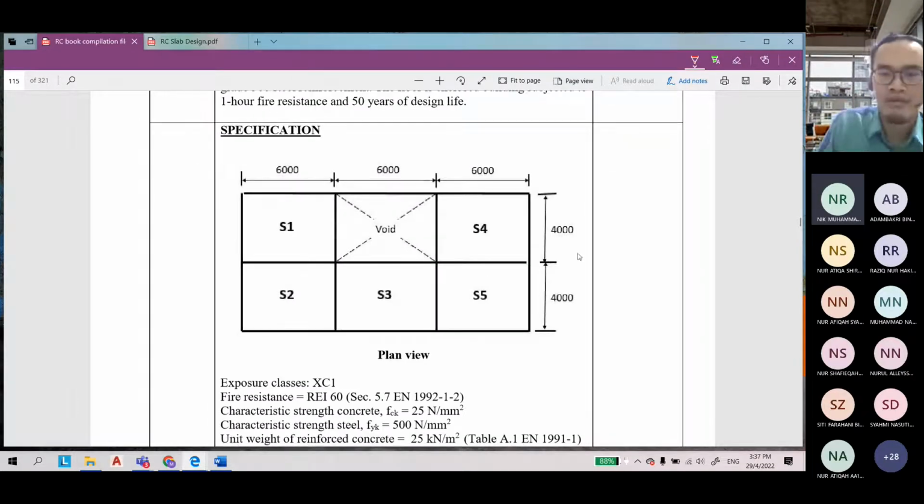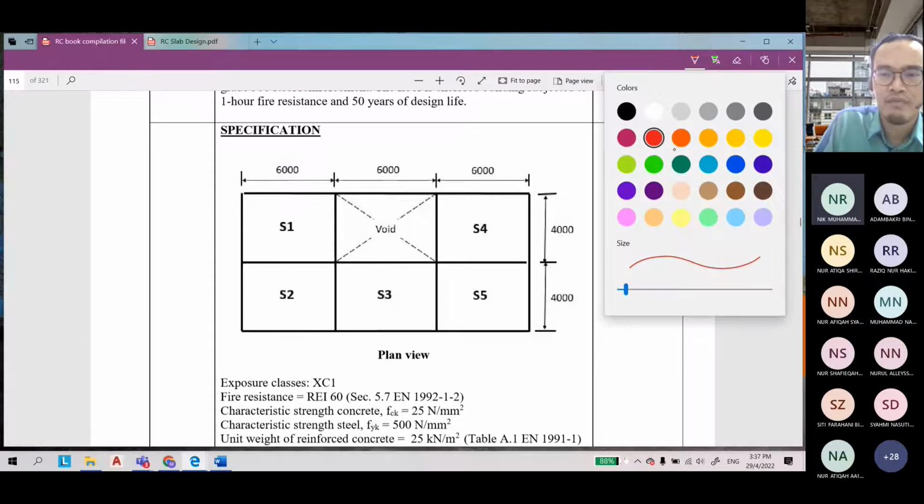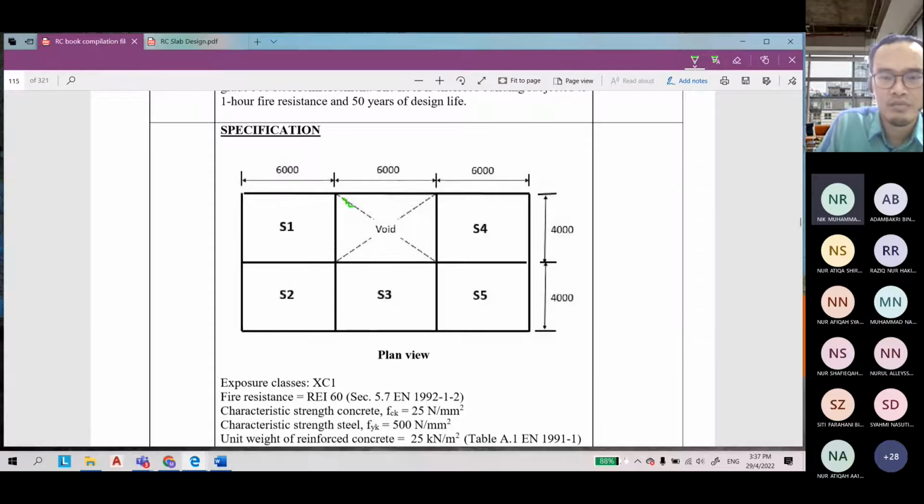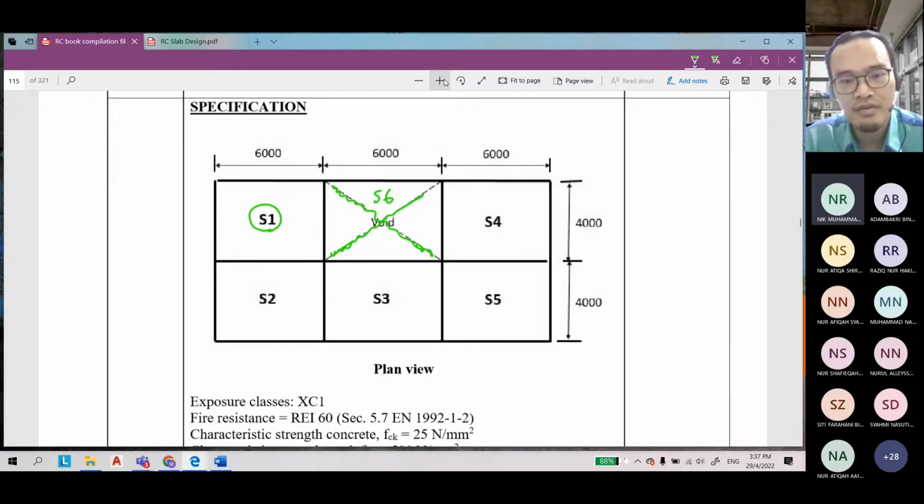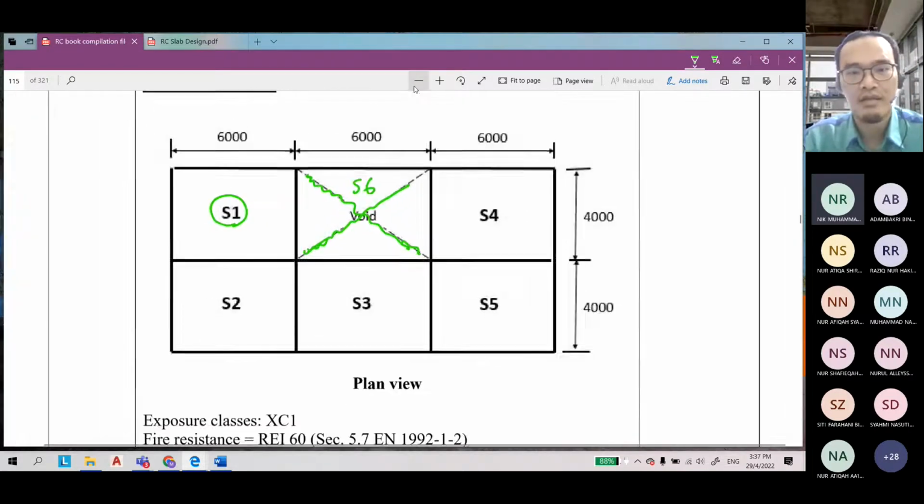Let's say we have the void. The part of the void here we change to slab number 6. We have slab S1, and we will do S1. First, let me give the dimension.